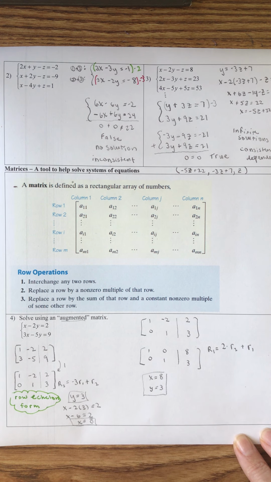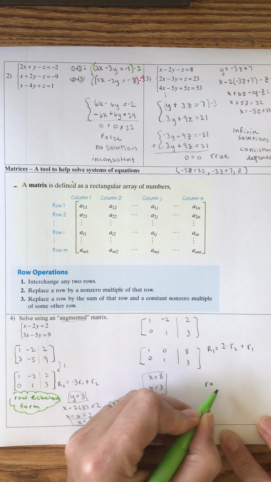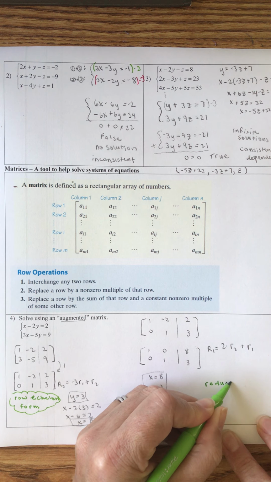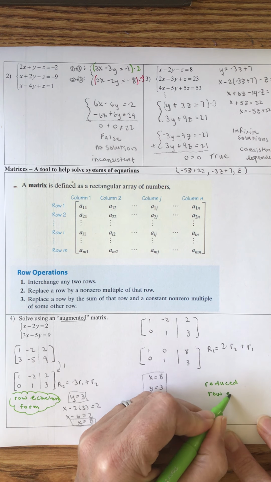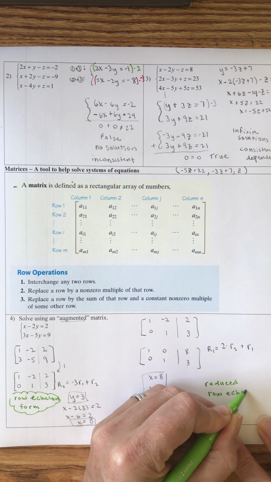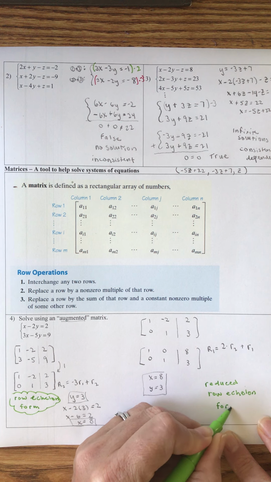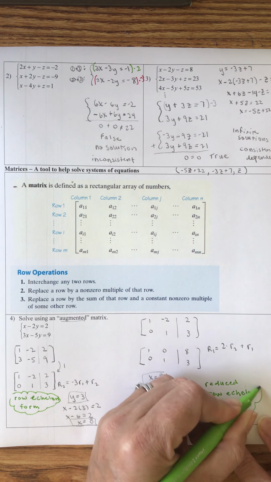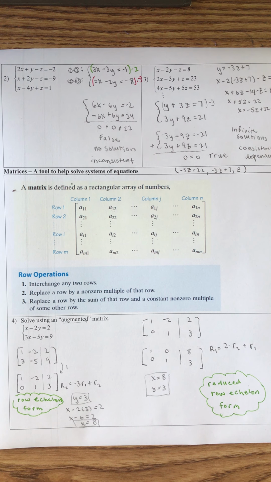And so a computer can solve a system by changing it to reduced row echelon form. And then you never have to do this yourself, but you've got to learn it to understand the background of it so that you can solve problems that involve matrices and other situations. So more on that later.